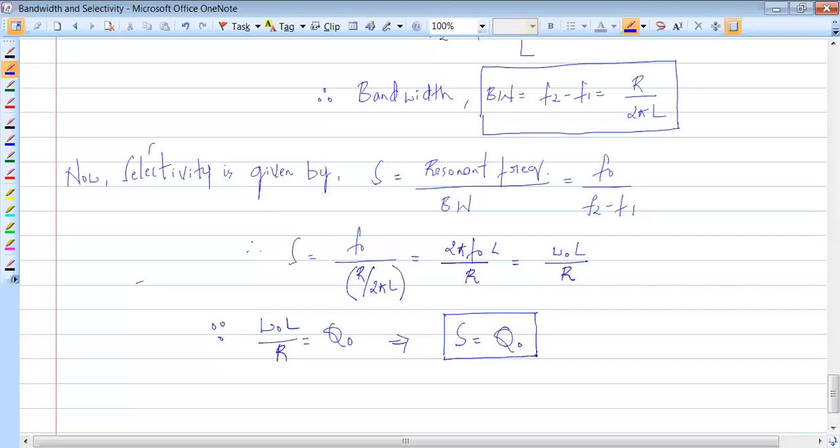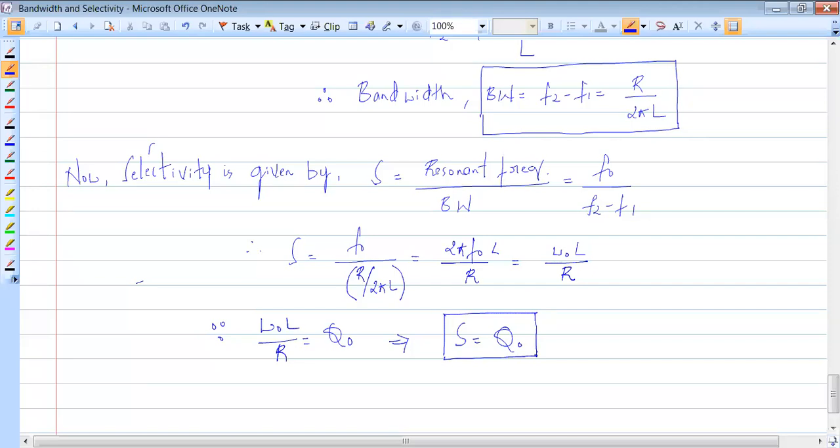What is S? What is selectivity? Selectivity is the quality factor. Everybody understand that? Now, can we relate the quality factor and bandwidth now? How is quality factor related to the selectivity? How is the bandwidth related to the selectivity?